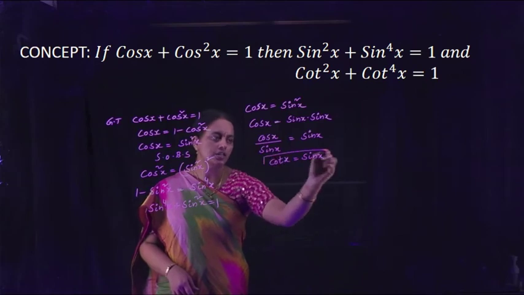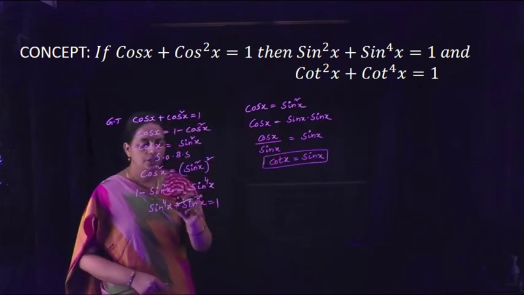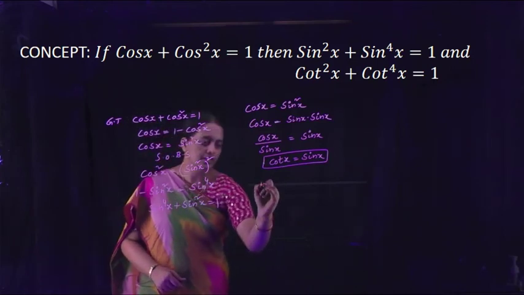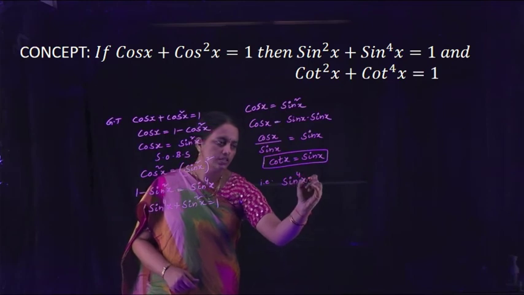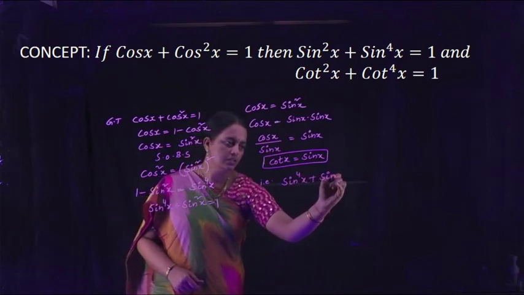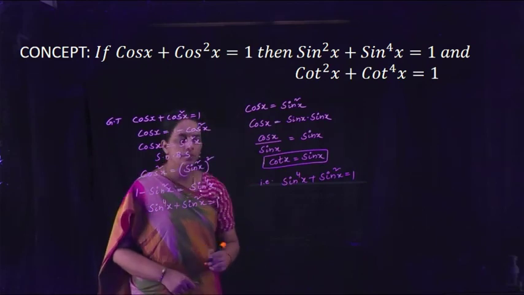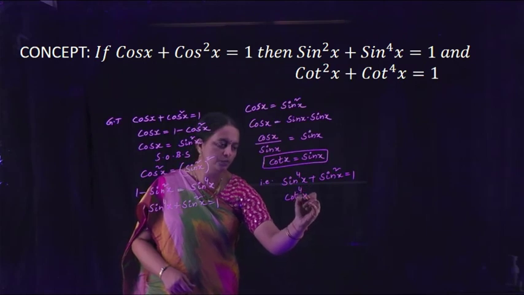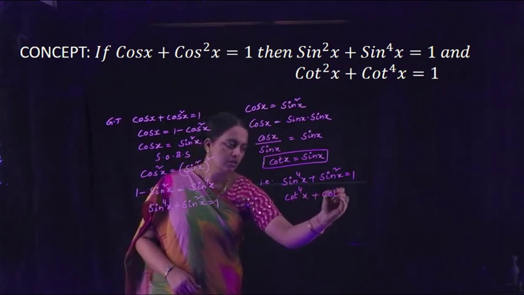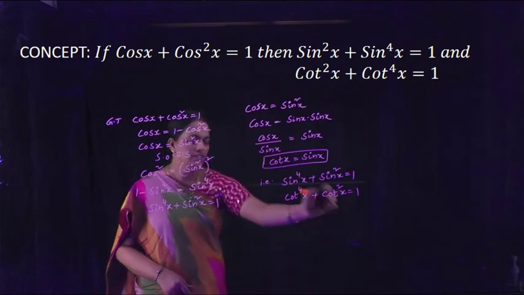Substitute this value in the first result, that is sin power 4x plus sin square x is equal to 1. Substitute cot x in place of sin x. We get cot power 4x plus cot square x is equal to 1. This is the second result.